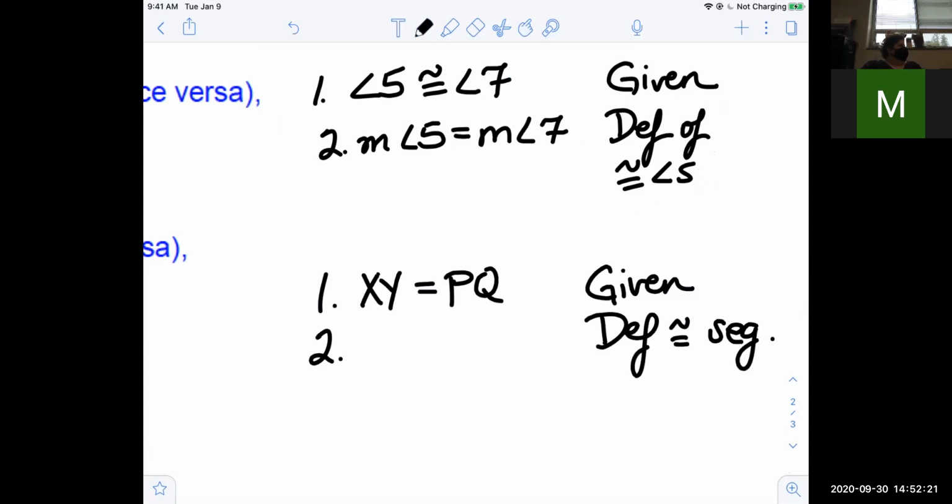XY equals PQ, what would step 2 say? You've got to go from equality into congruence. So what would it say? How do you say the measure of a segment? XY is actually the length of segment XY. So you're going to put it back into a segment. And it would be what?